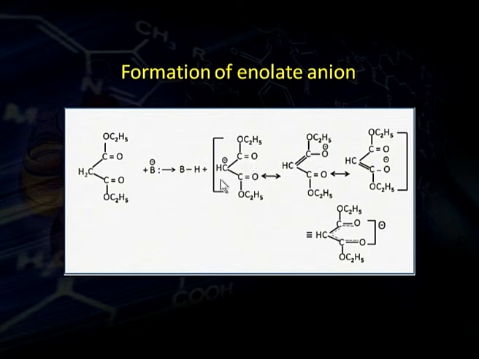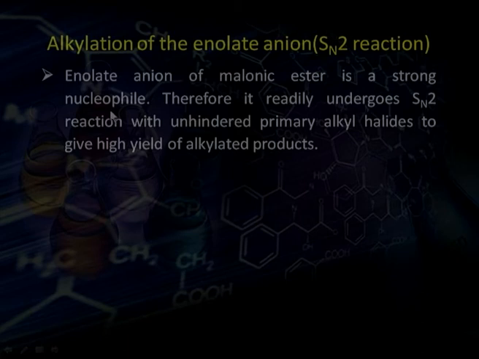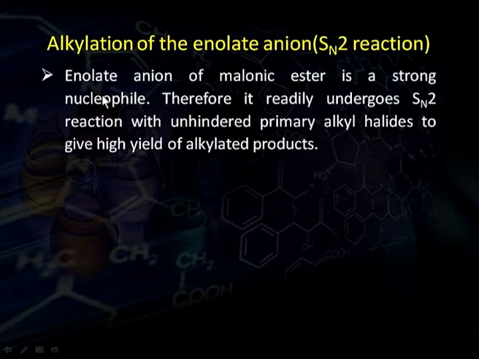In a similar way, it shows the second resonating structure, and these resonating structures are equivalent to a third structure in which the negative charge is dispersed over all, with one and a half bonds. The enolate anion of malonic ester is a strong nucleophile.